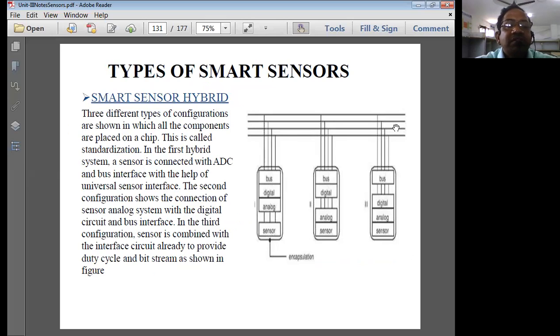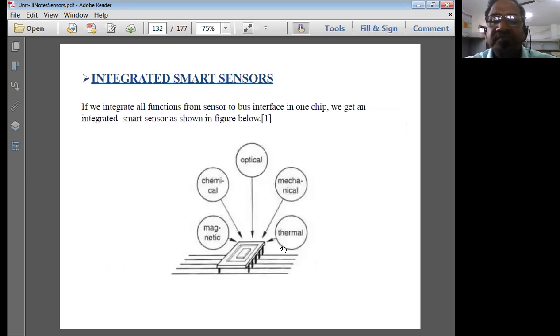Types of smart sensors: we can have hybrid sensors also. That means a mixture of various sensing operations can be done using hybrid sensors. A temperature sensor, pressure sensor, and voice sensor can all be mixed. That is called a hybrid type of sensor. The next one is integrated smart sensors. Sensors will come like an IC chip.